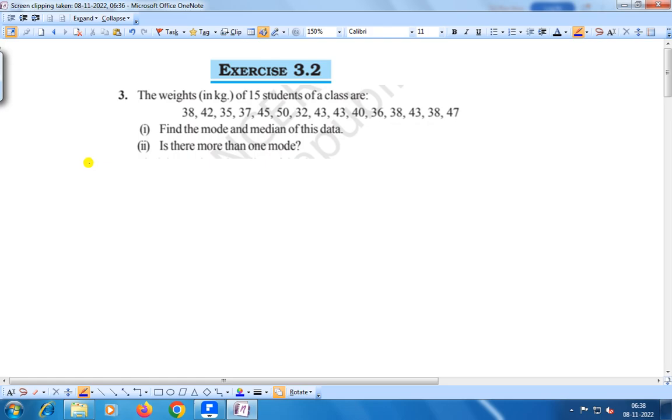First of all, we have to arrange the weights of the students in ascending order, right?